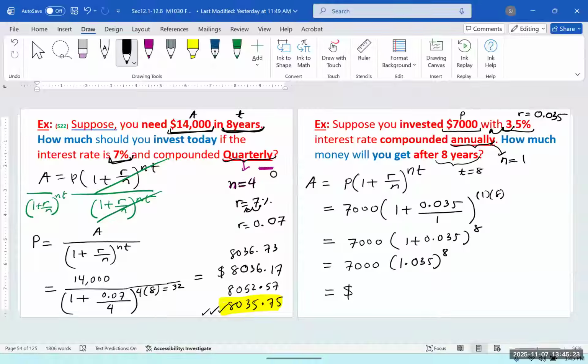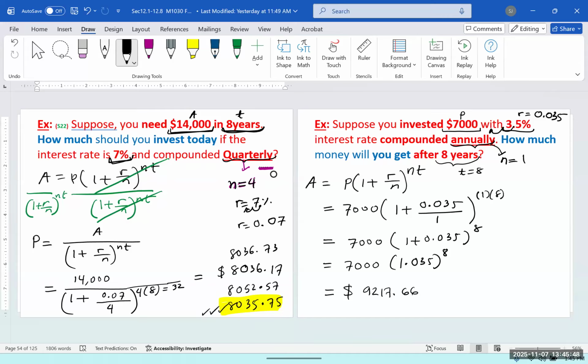Andrew, what number do you have? 217.66 cents. Same. Does anybody have anything different?